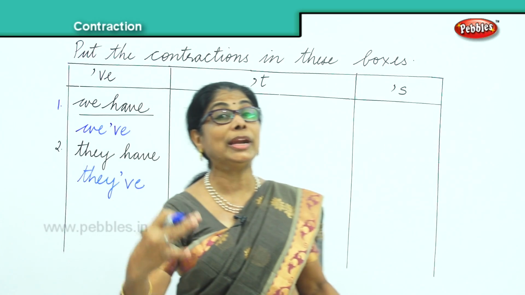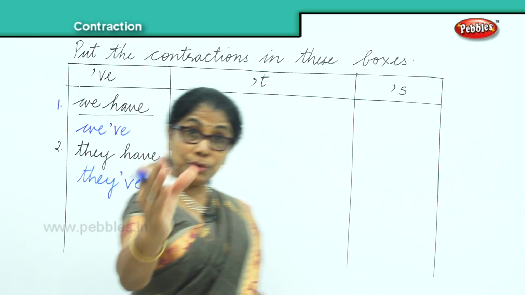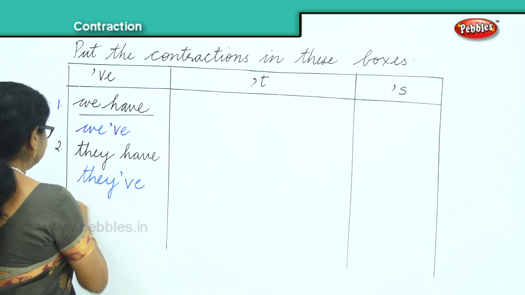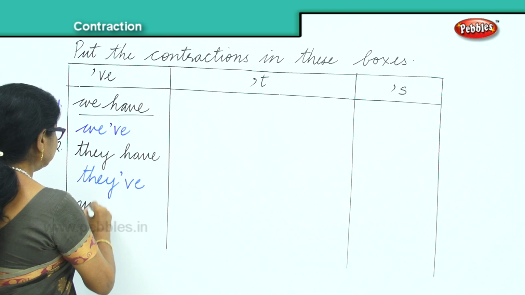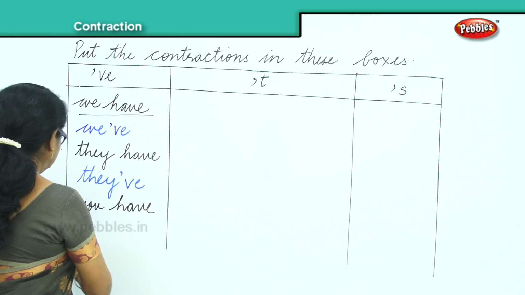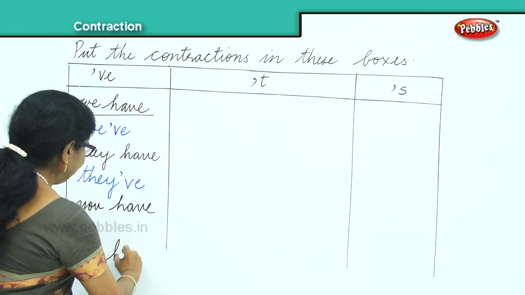We delete, we remove H and A. Then we can say you have. What will you say? You have. You and have. Then we can say I have.